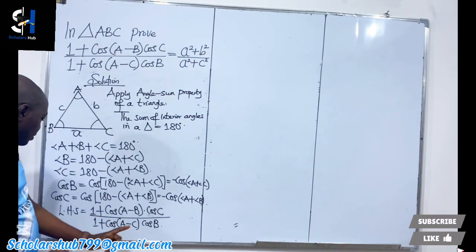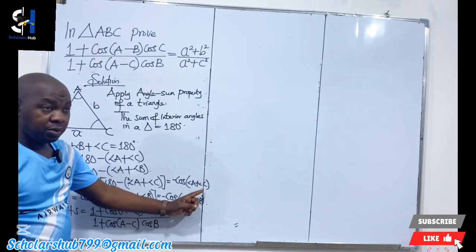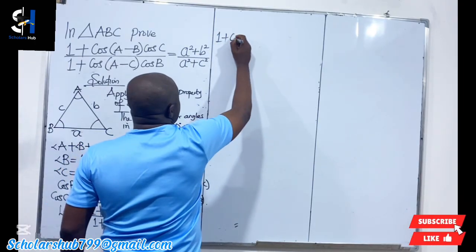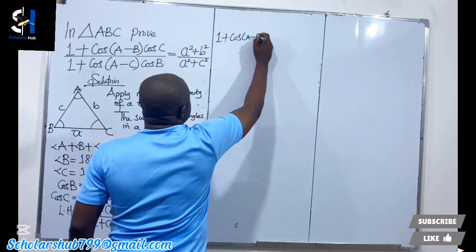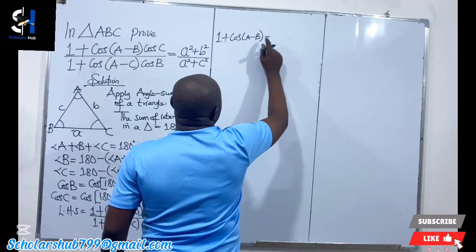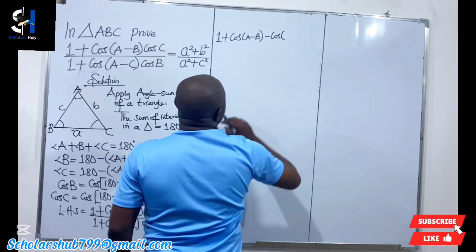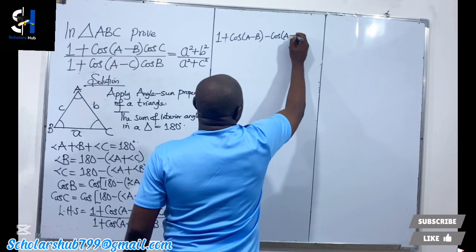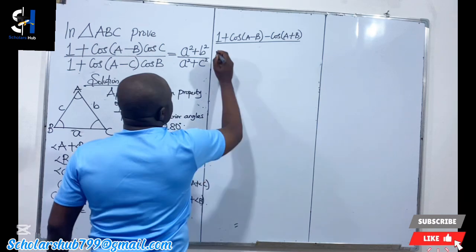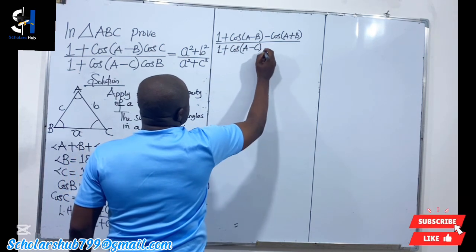Now that we have cosB as minus cos(A plus C), and for cosC, this will be minus cos(A plus B), we have 1 plus cos(A minus B), multiplied by minus cos(A plus B), divided by 1 plus cos(A minus C).